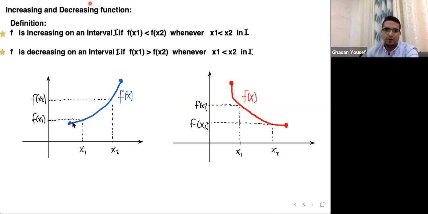So for the first one, we say this function is increasing because if we take two points, x1 and x2, such that the value of x2 is greater than x1, then at the same time f of x2 is greater than f of x1. So this function is increasing.